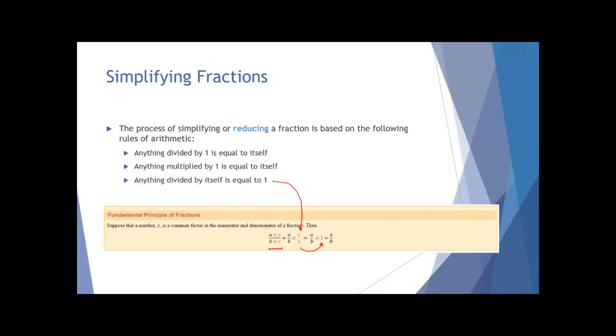And then when you multiply by 1, that gets you the same thing. So anything multiplied by 1 is equal to itself. So we're using those 2 bottom rules for this fundamental principle of fractions. And I use the top rule in an alternate way to show how to simplify fractions.